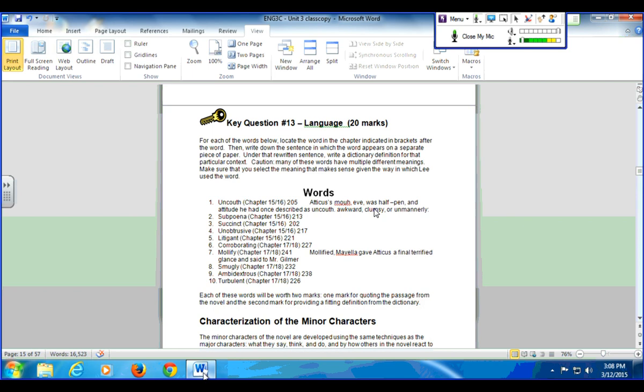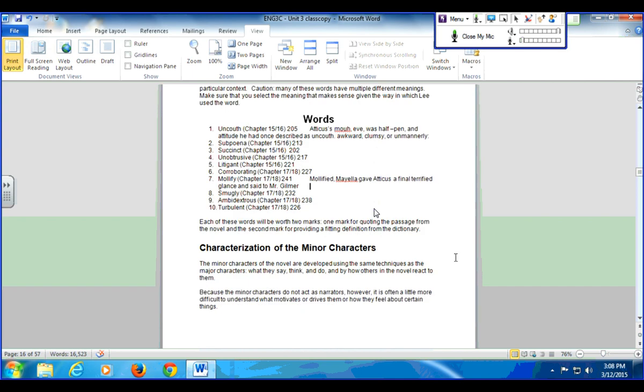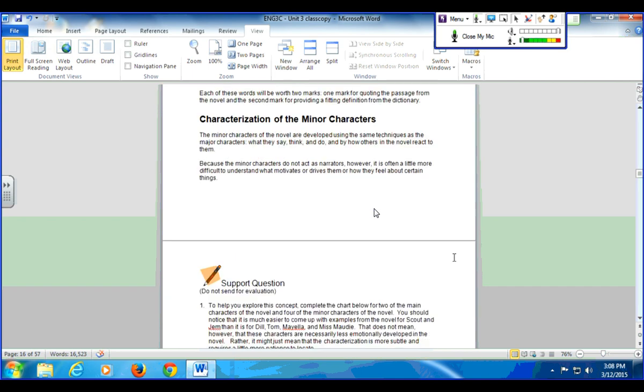So what we're going to pick up on now is what says characterization of the minor characters. And you can find that on lesson 17. So it says the minor characters of the novel are developed using the same techniques as the major characters: what they say, think, and do, and by how others in the novel react to them.